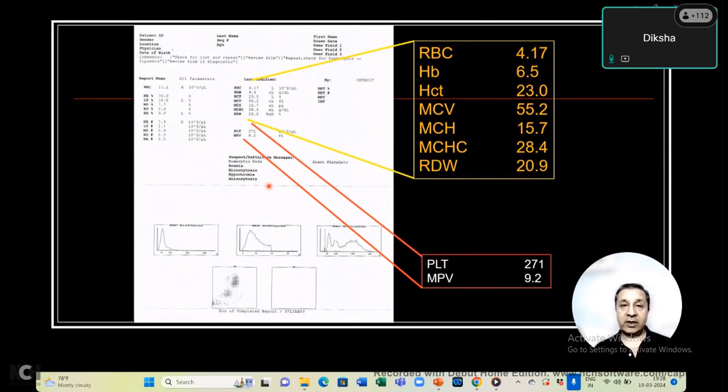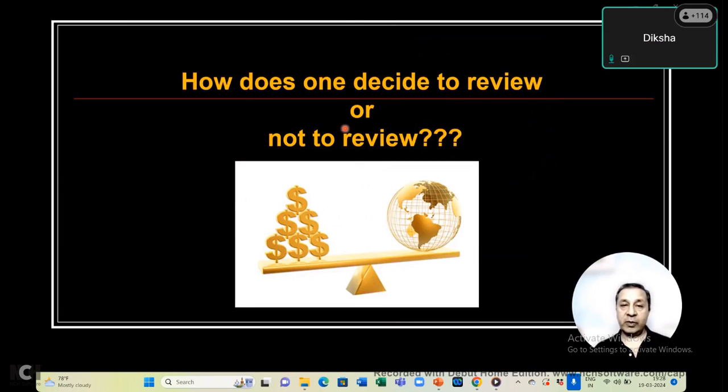And that actually gave us the concept of what is called slide review rules and slide review criteria, which a laboratory needs to define depending upon the flagging criteria that they have in their respective hematology analyzers. So this gets us to a pertinent question as to how does one decide to review or not to review a slide.